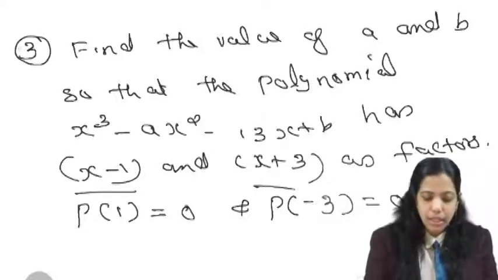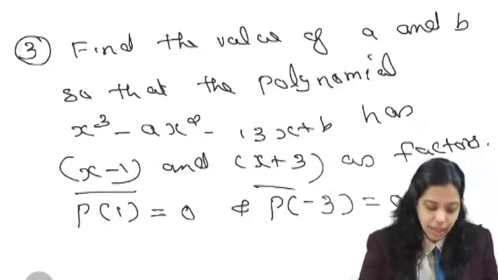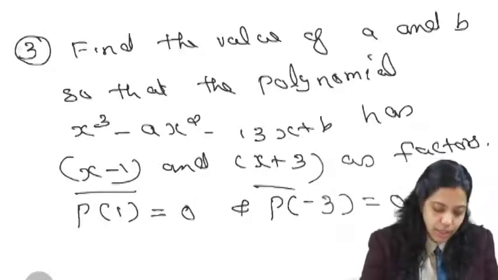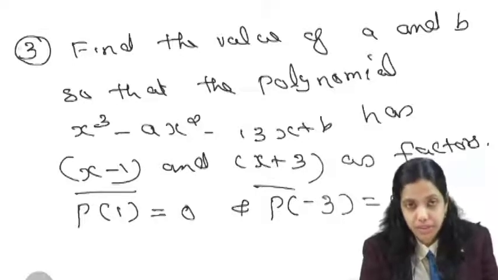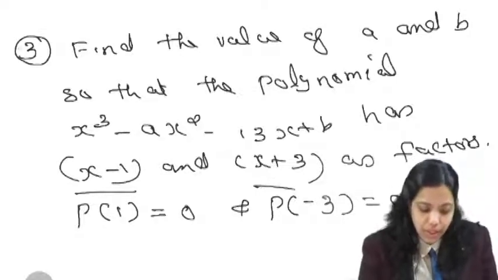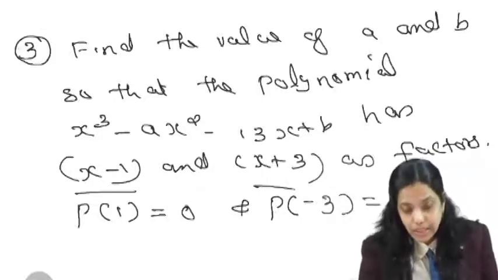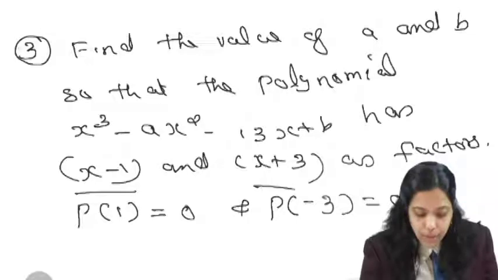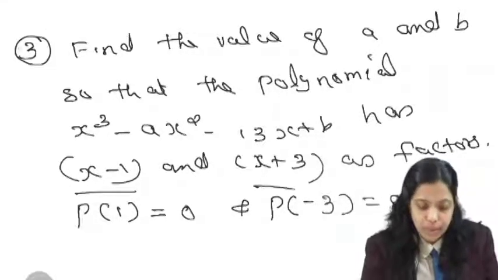Definitely, if x minus 1 and x plus 3 are factors, we can say that p of 1 equals 0 and, in the second case, p of negative 3 equals 0 by the factor theorem. Now we can find the value of the polynomial at x equal to 1 and equate it with 0, and also the value of the polynomial at x equal to minus 3 and equate that with 0.